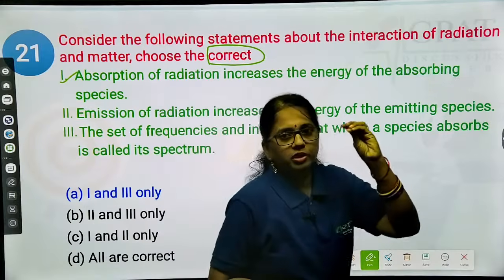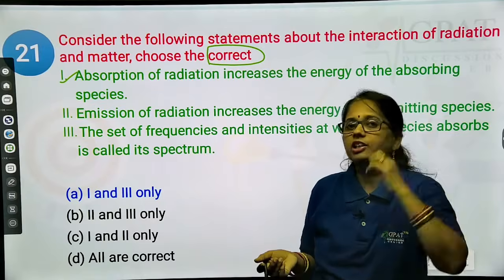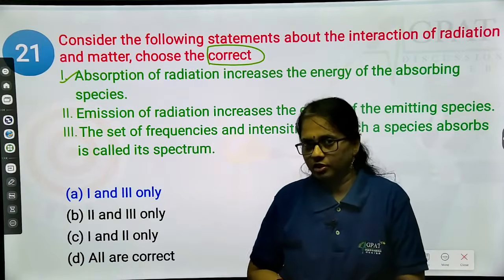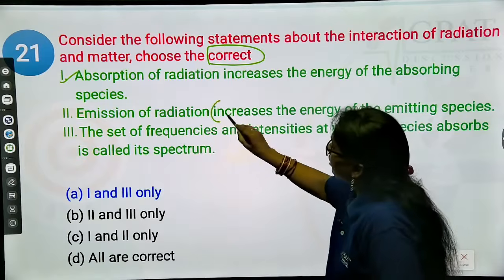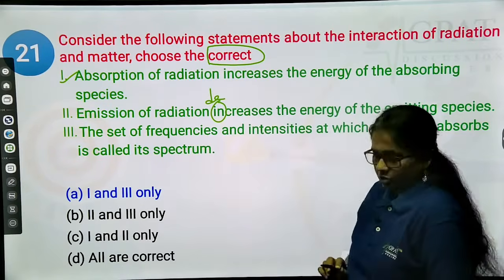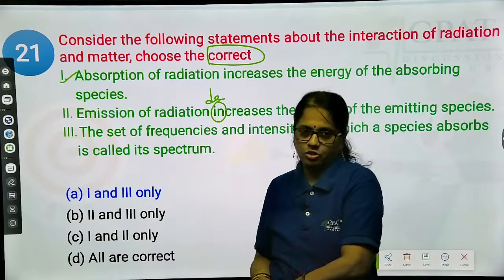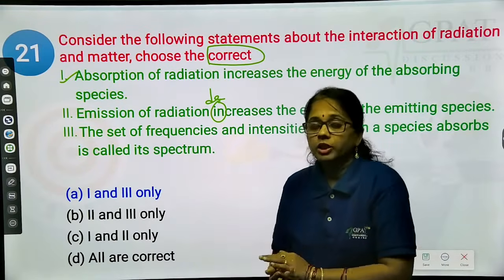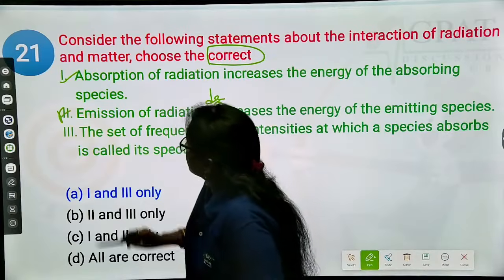After absorption, again relaxation. That means energy is lost. Then only relaxation is going to take place in case of fluorescence. So definitely emission of the radiation is going to decrease the energy, because while coming back to the ground state it is emitting the energy. That energy we take as emission. Okay. So this statement is false.